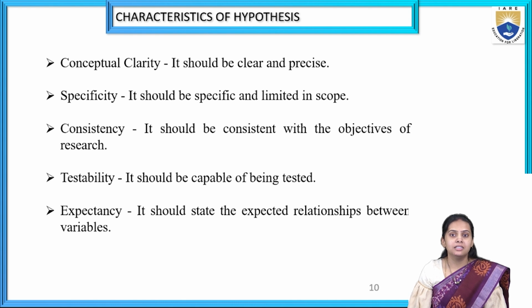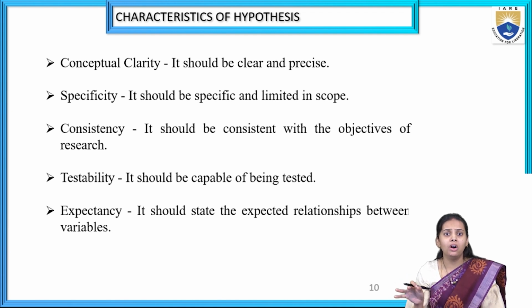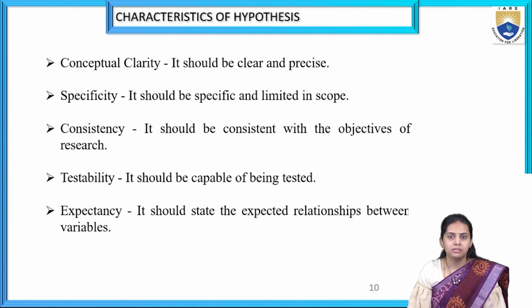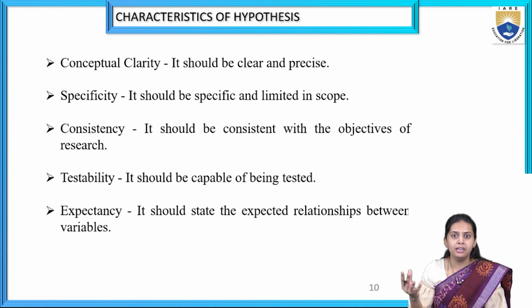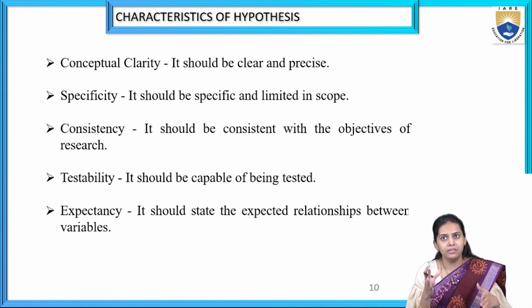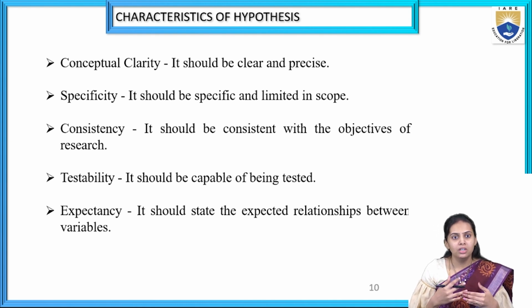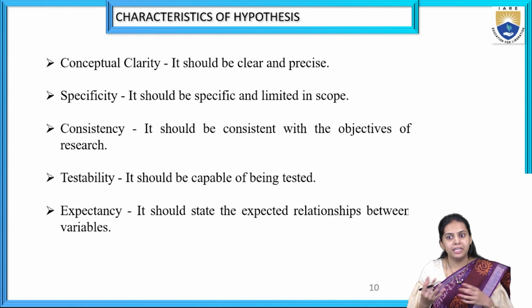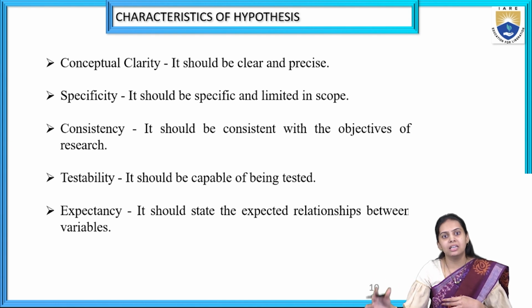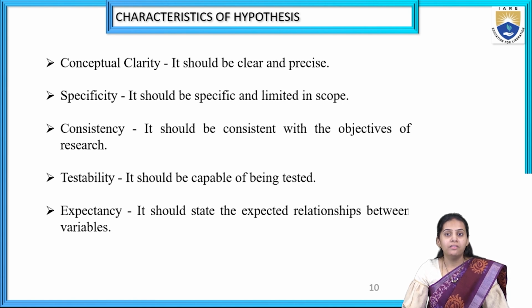And consistency: it should be very consistent with the objectives of the research. Sometimes objectives used to change based on the situation to reach the expected results, which is not really preferable.